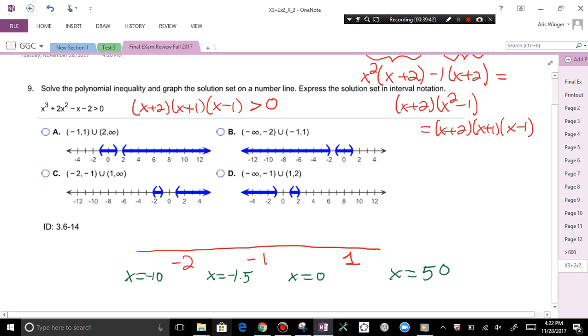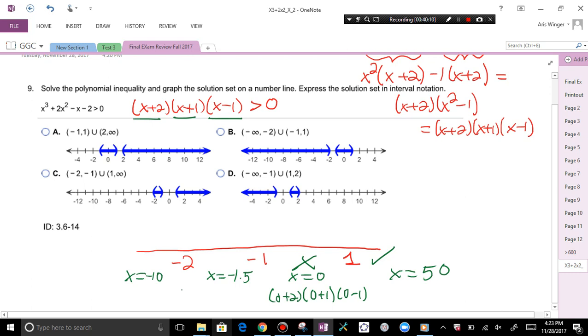So you're going to put in 50 into each one of these things here and see if you get a positive number. And you do. 50 plus 2 times 50 plus 1 times 50 minus 1, that's all positive. If you plug in 0, 0 plus 2 times 0 plus 1 times 0 minus 1 is a positive times a positive times a negative. It is not positive here.